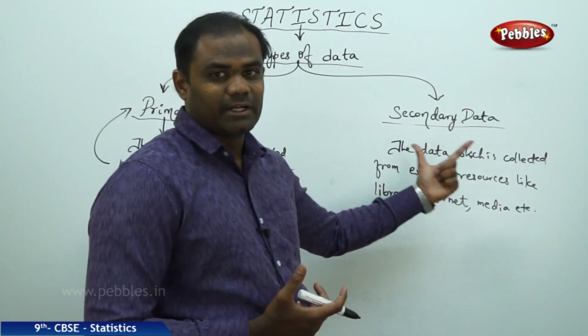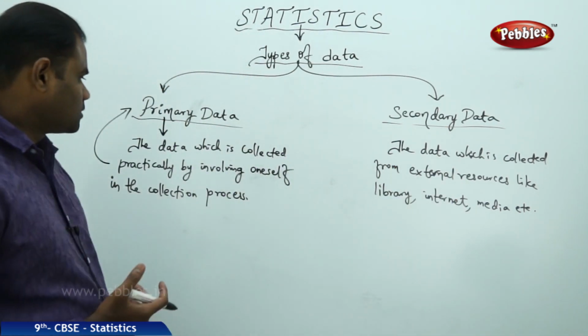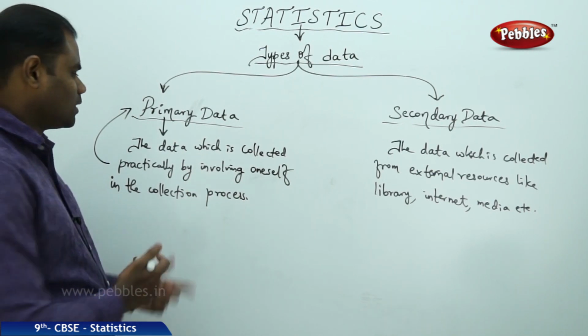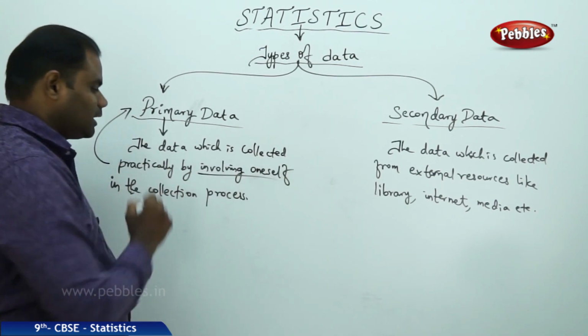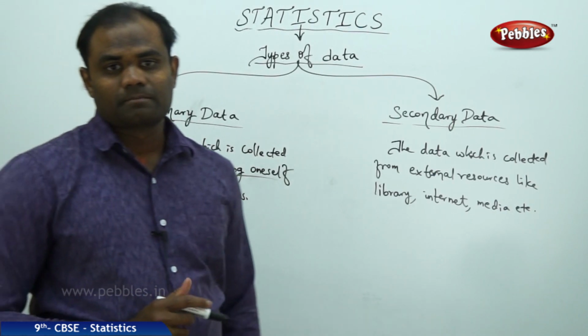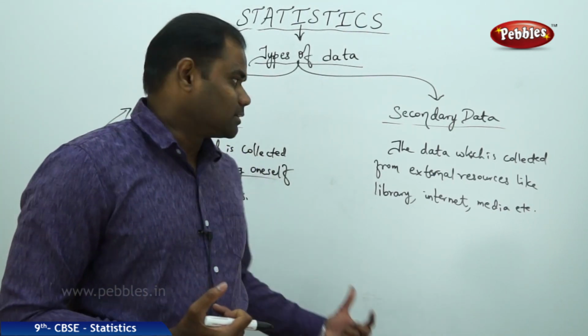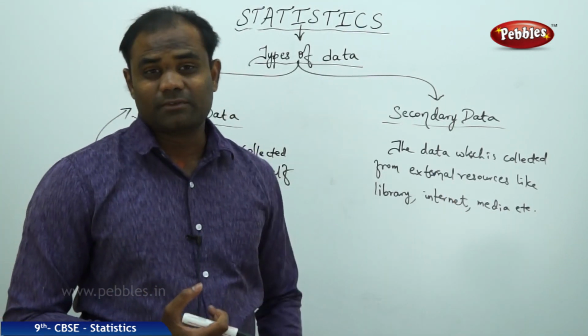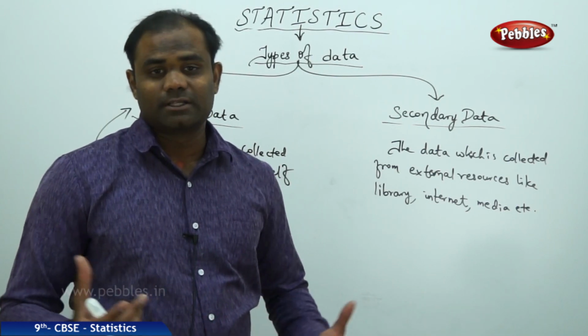Depending on something, we get secondary data. Not depending on something, directly involving oneself, I get the primary data. Primary data and secondary data are the types of data in the branch of statistics.